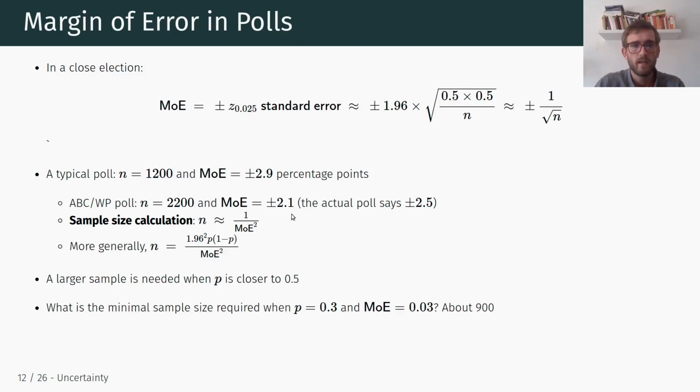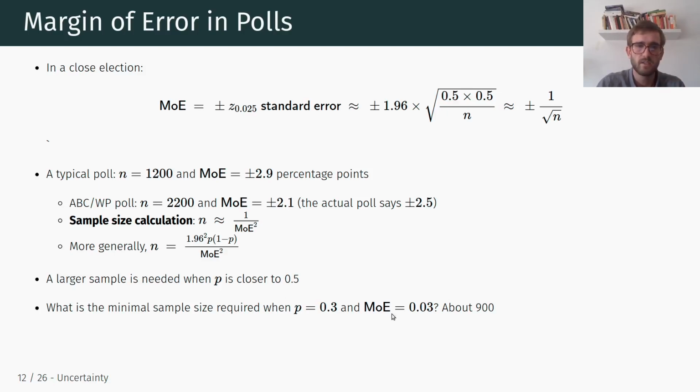And we could, for example, ask what is the minimal sample size required when the probability is very far away from 0.5. What about a success probability of 0.3? Then, to achieve a very small margin of error equal to 0.03, we just need a sample of 900 observations, right?